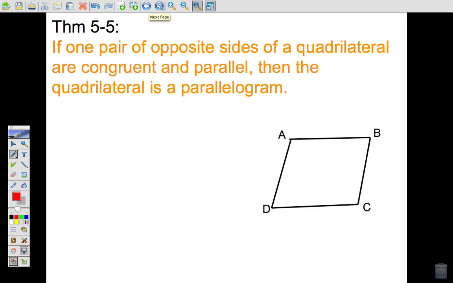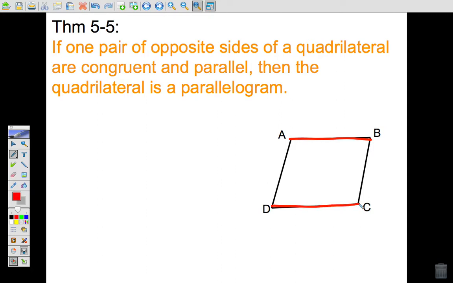Copy this theorem down. It says if one pair of opposite sides of the quadrilateral are congruent and parallel, then the quadrilateral is a parallelogram. So in other words, here I don't have to show that both pairs of sides are congruent and parallel, just one. So say we're talking about this pair of sides.